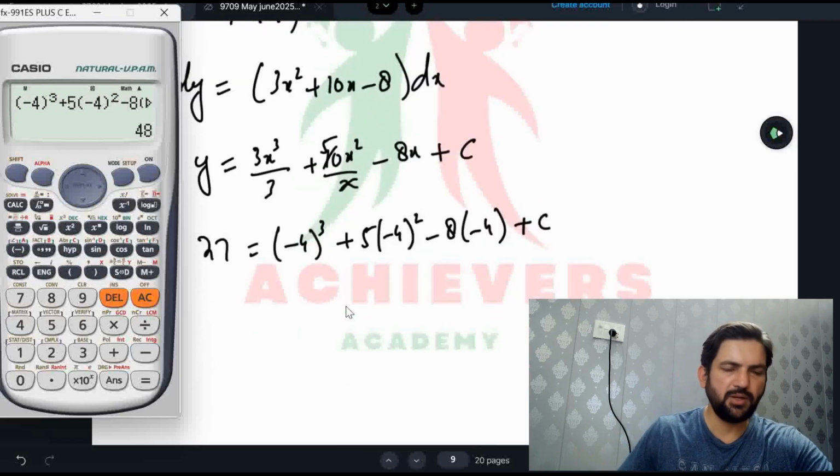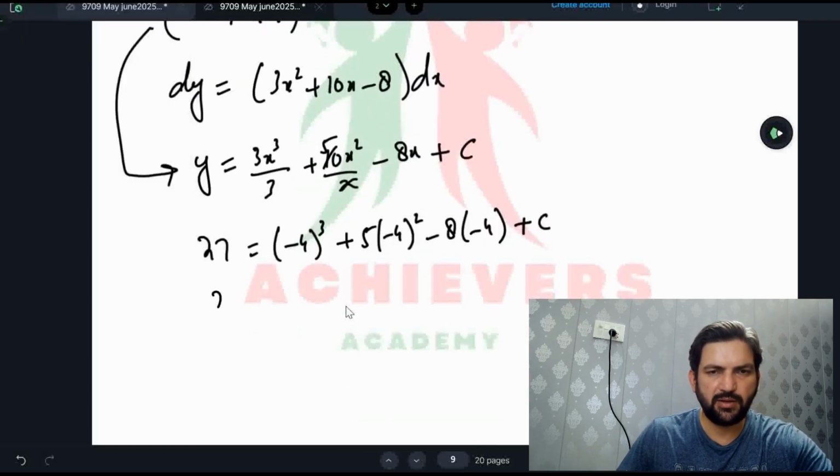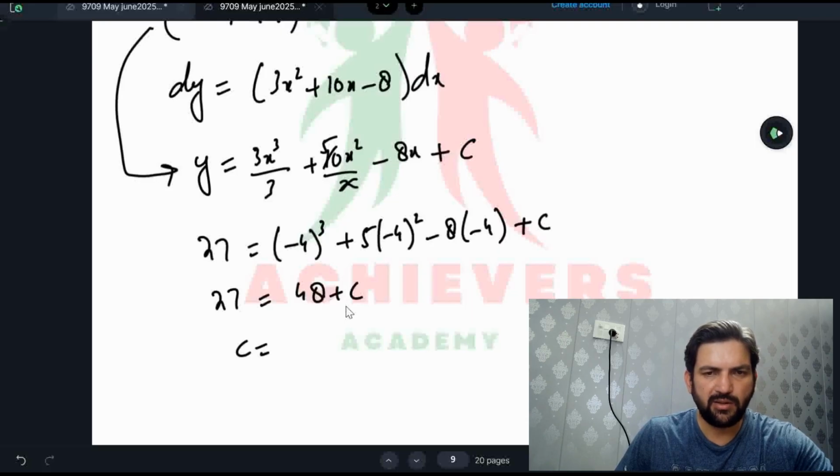So the answer for this will be 48. So 27 equals 48 plus c, which means c equals 27 minus 48, which means c equals -21.